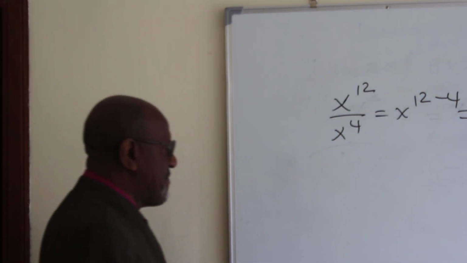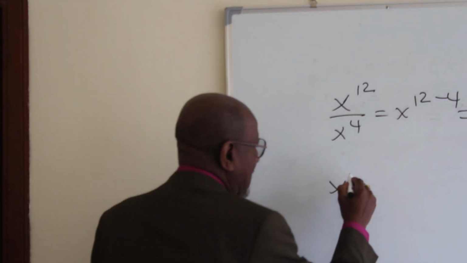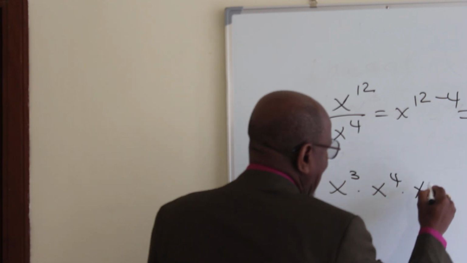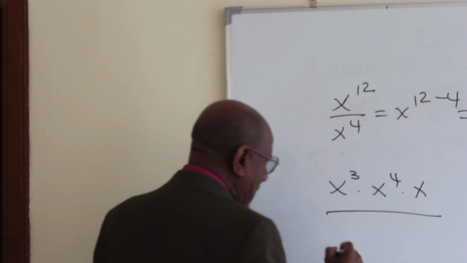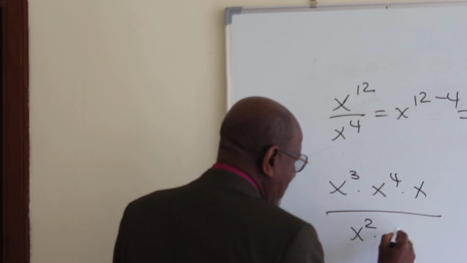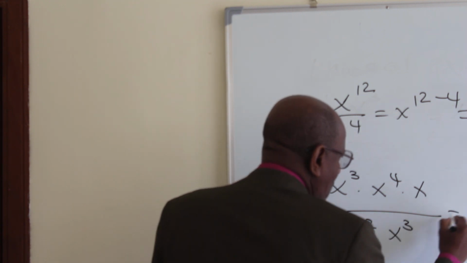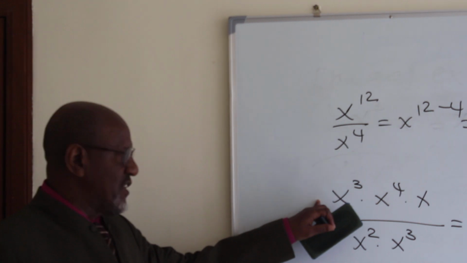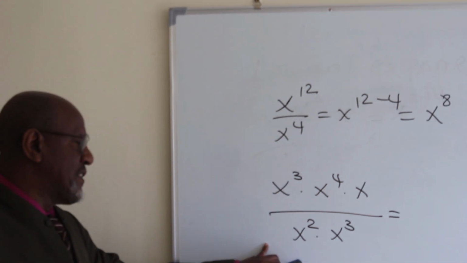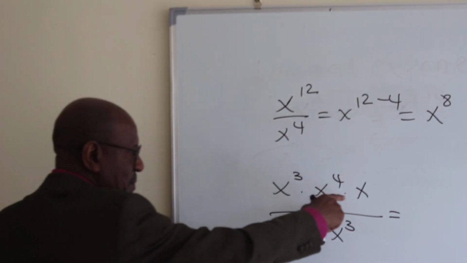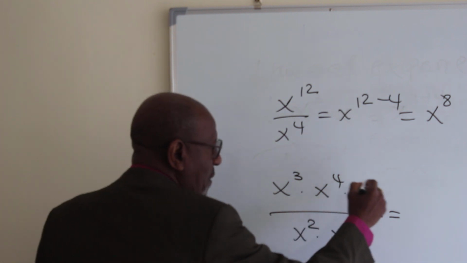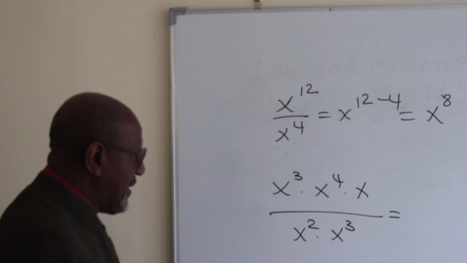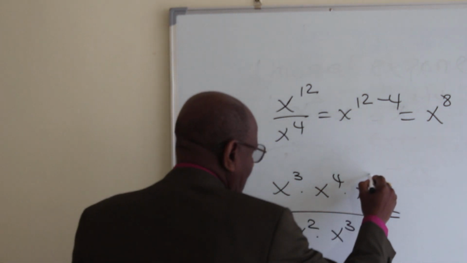So if I have, say, x to the 3rd power times x to the 4th power times x, divided by x to the 2nd power times x to the 3rd power, what we'll do in this case is simplify the numerator and simplify the denominator. Remember, by x we mean x to the 1st power, but we don't normally write 1. It's understood to be 1, but let's write it.